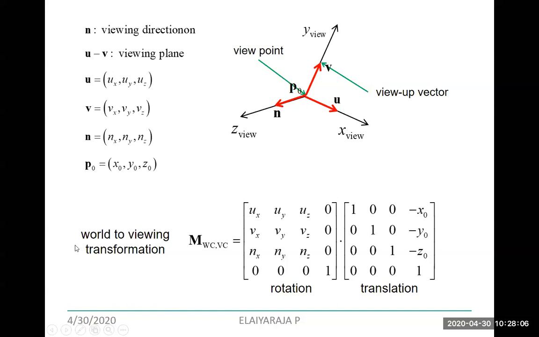So for transforming world to viewing coordinates, you write the rotation with respect to the viewing axis and the translation matrix of the given coordinate points. This may change with respect to the xy plane, yz plane and xz plane, along with the translation of your viewpoint coordinates.